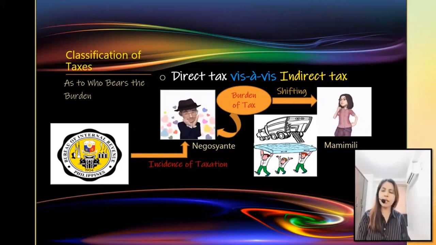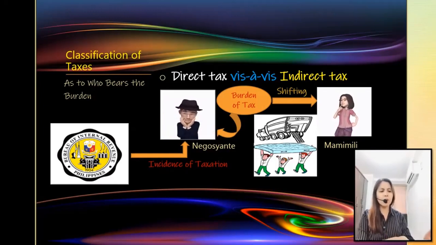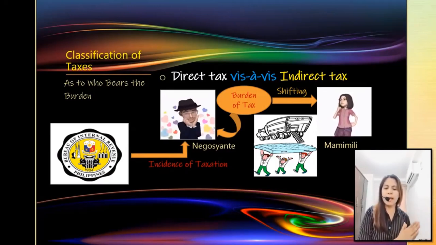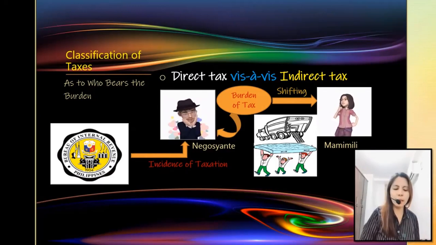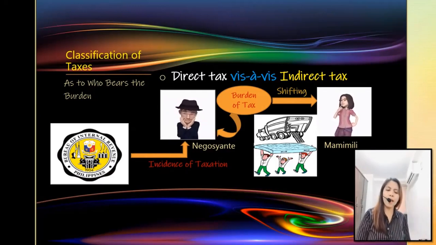Progressive system of taxation implies that in our tax system, we should have more direct rather than indirect taxes. And that is the reason why business taxes, value-added tax, time and again, has been the subject of oppositions. They are questioning the validity or legality of the value-added tax being an indirect tax.